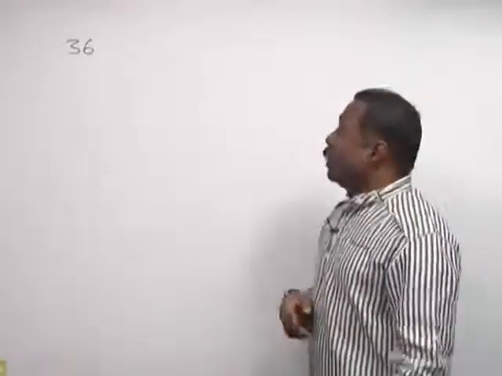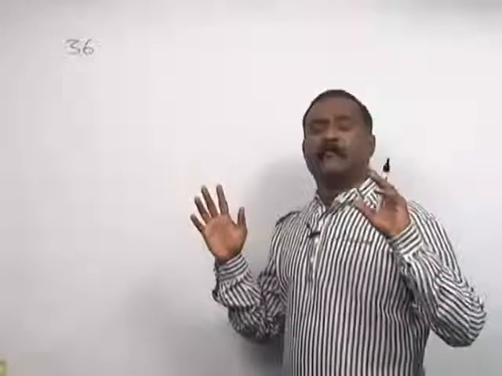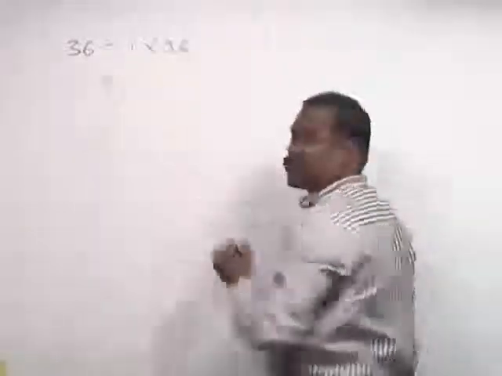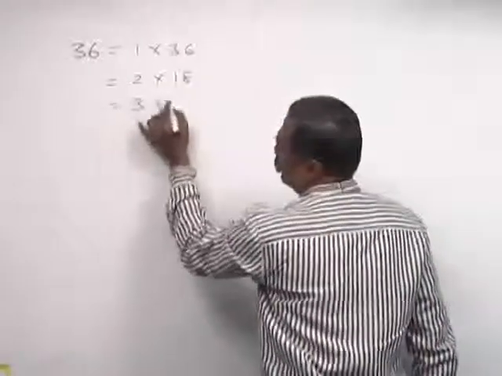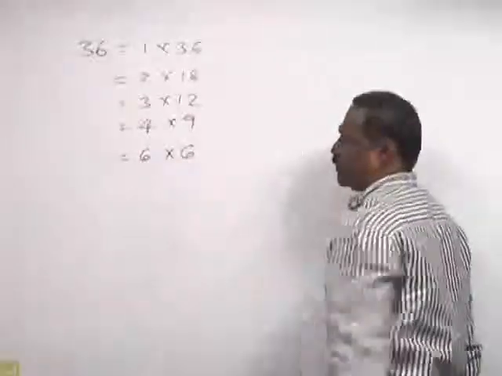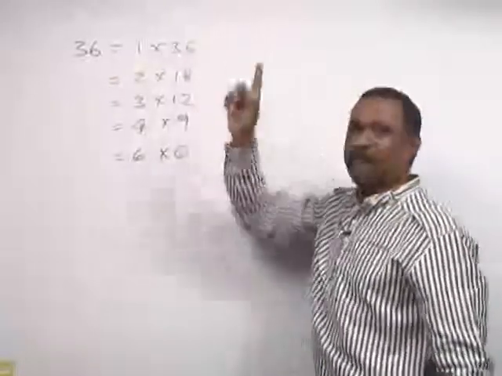Now, 36 let me take. I am interested in how many factors it has. At first, let us write 1 into 36, 2 into 18, 3 into 12, 4 into 9, 6 into 6. How many total number of factors are there? 1, 2, 3, 4, 5, 6, 7, 8, 9 factors are there.